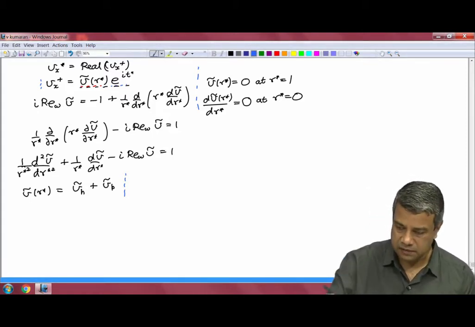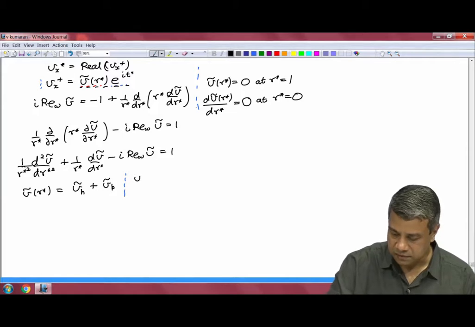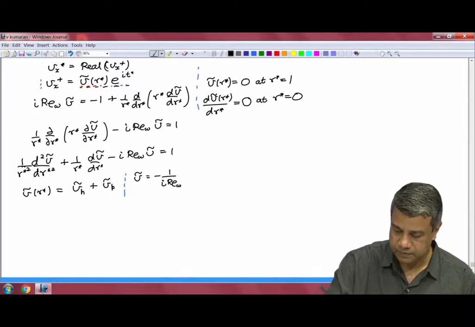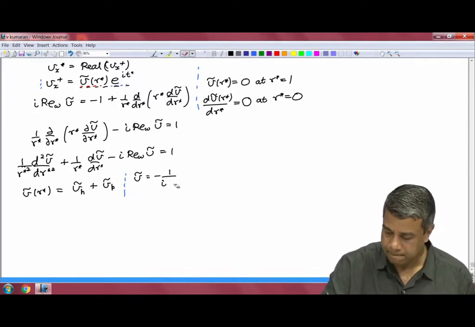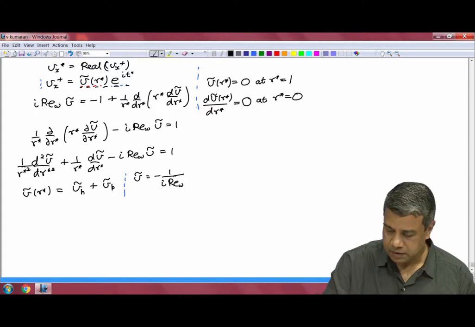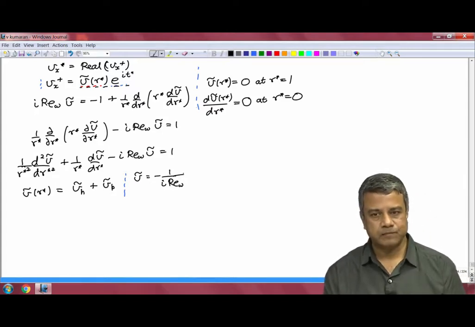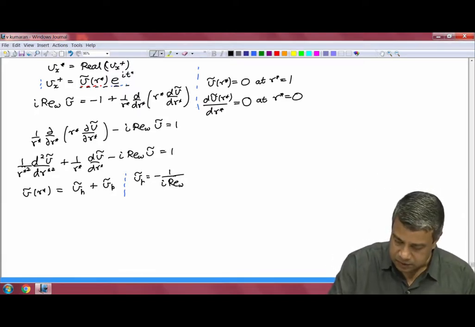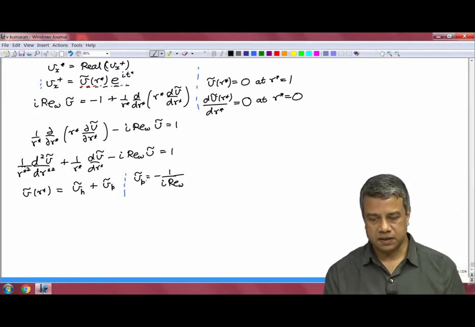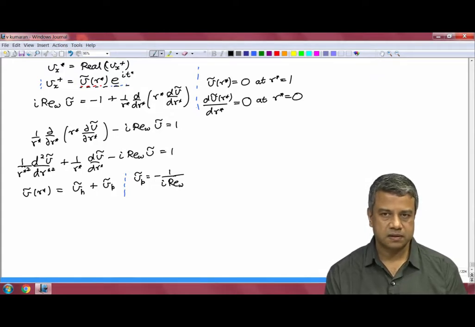In particular, if I say that V tilde is equal to minus 1 by i r e omega, this is the particular solution. This satisfies the equation.